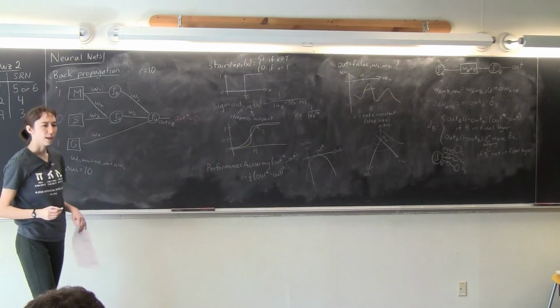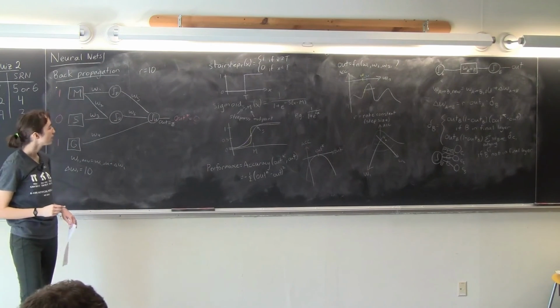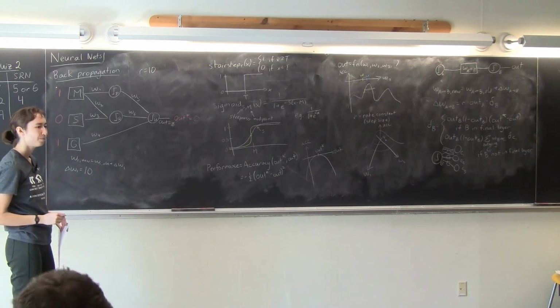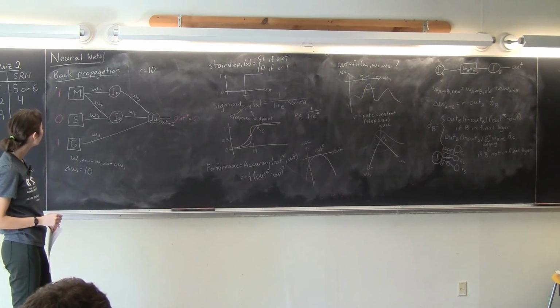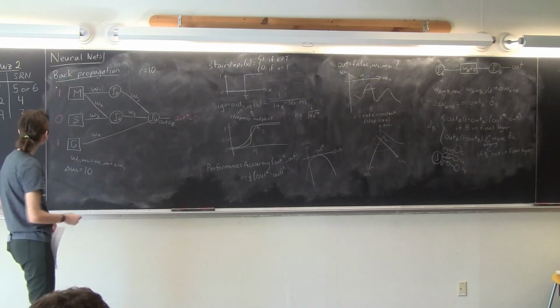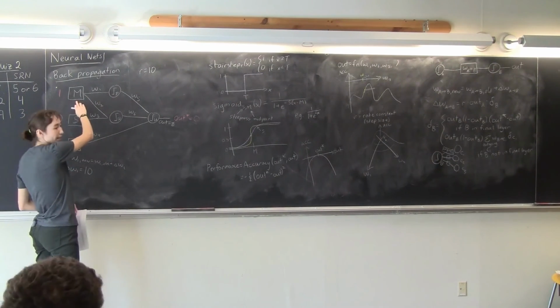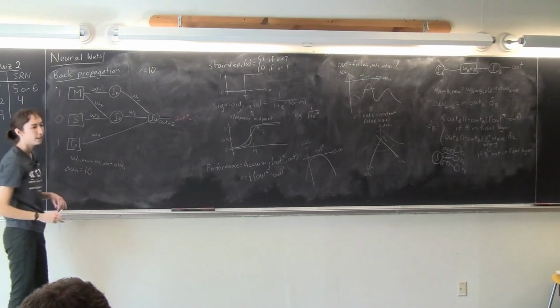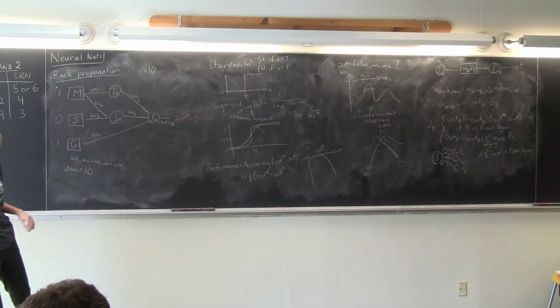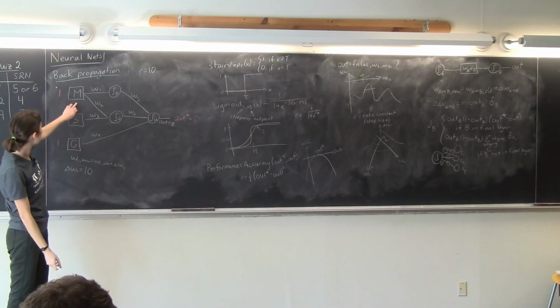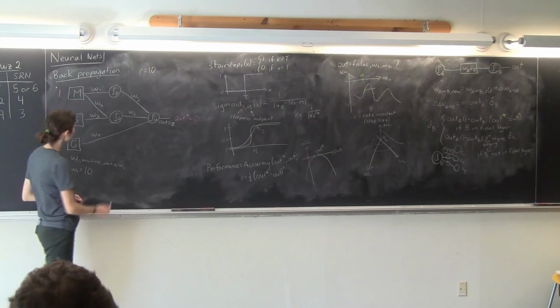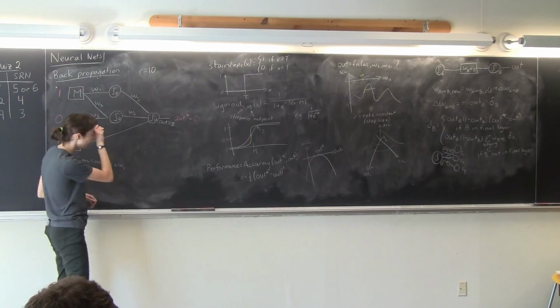What's the output of A in this case? What is A? One. So in this case, A is not actually a neuron, it's an input. A is this input M. So the output of M is just the value of M, which is 1. So that will be times 1.